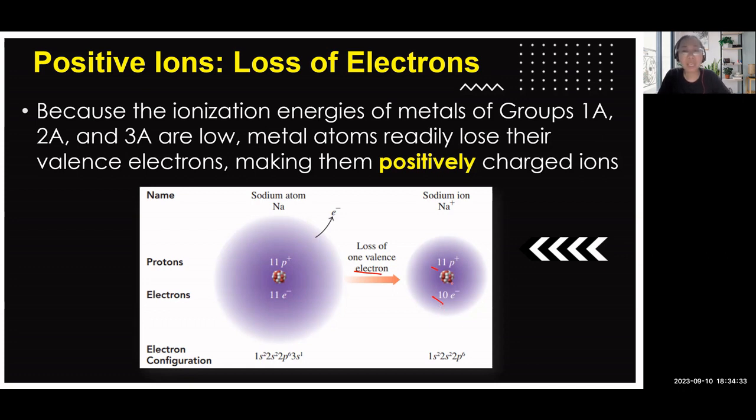As in algebra, if you add positive 11 and negative 10, what you will have is positive 1. That's why your sodium ion becomes positively charged, and we say that this atom now becomes an ion.